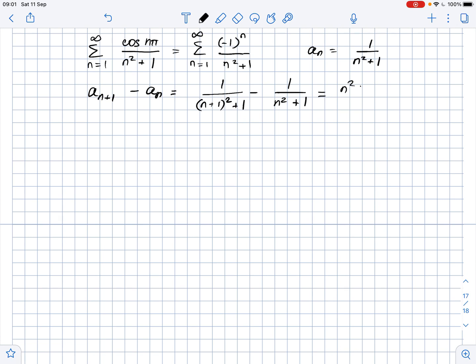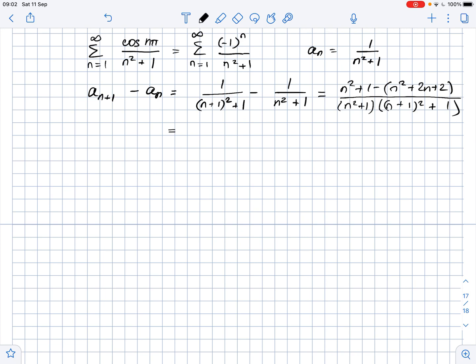And this equals (n squared plus 1 minus (n squared plus 2n plus 2)) over (n squared plus 1) times ((n+1) squared plus 1).